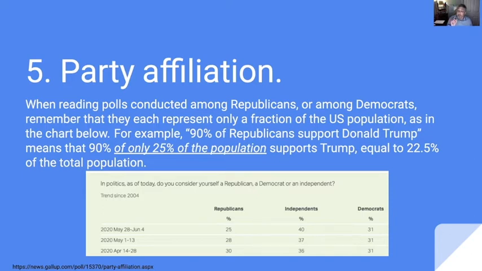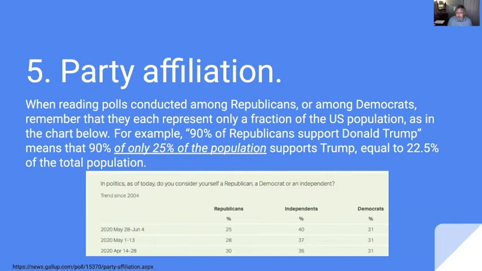Now, one thing that you must keep in mind at this juncture as well is this. There are people who say that they are independent who are not. I don't know what the percentage is, but there are people who say, yes, I'm an independent, but they always vote Republican or they always vote Democrat.